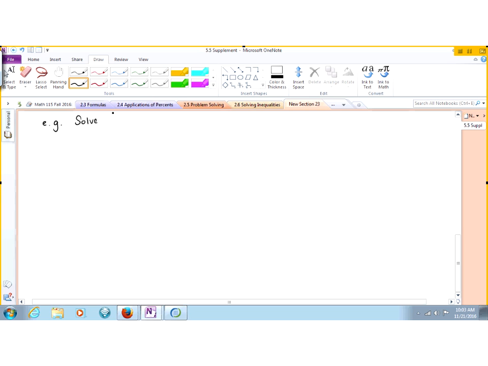Okay, so for example, solve using the quadratic formula. X squared minus 5x plus 3 is equal to 0. How are we going to solve this?